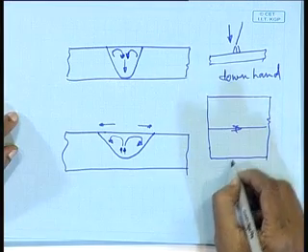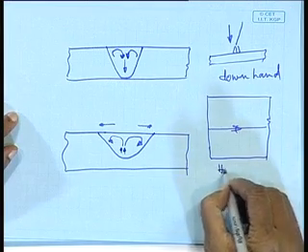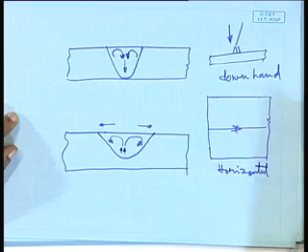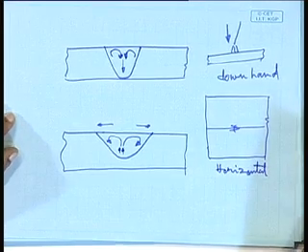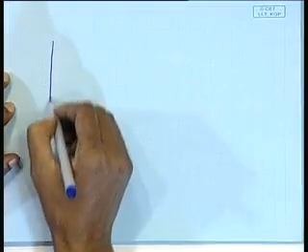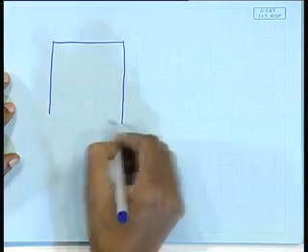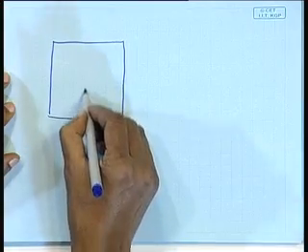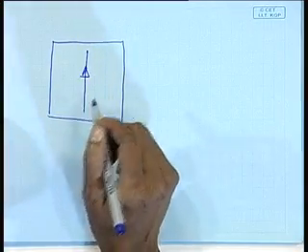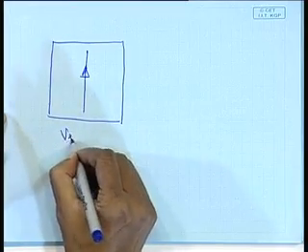So this is horizontal welding. You may have just the same thing, another vertical wall, and we are going vertically up. So that is vertical welding.